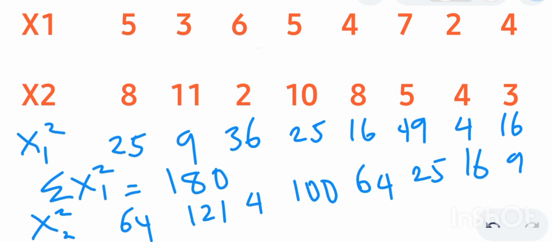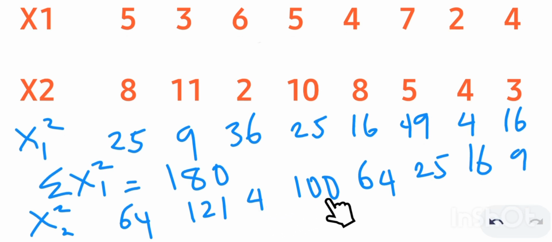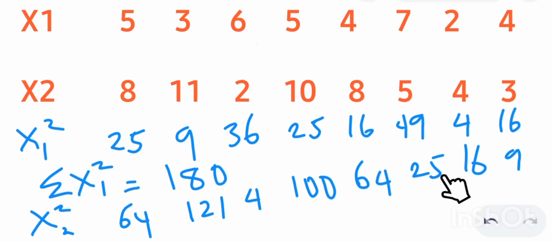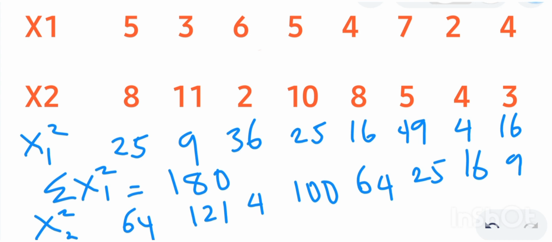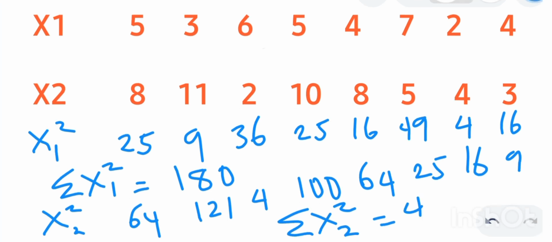So we have to add up these values: 64 plus 121 plus 64 plus 25 plus 16, and lastly plus 9, that gives 403. So summation X2 square equals 403.